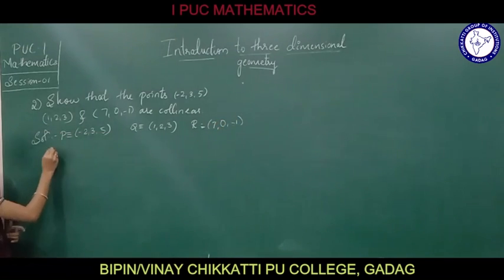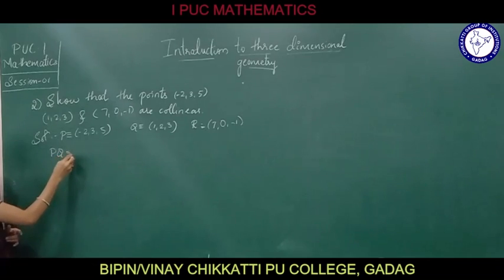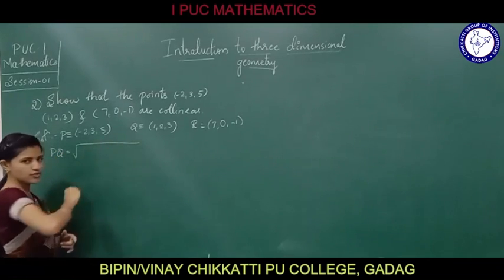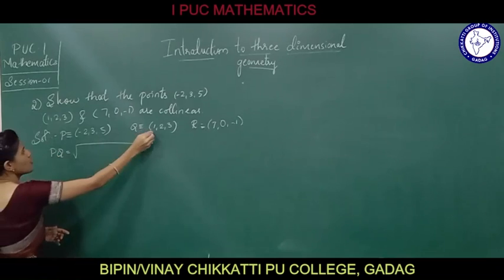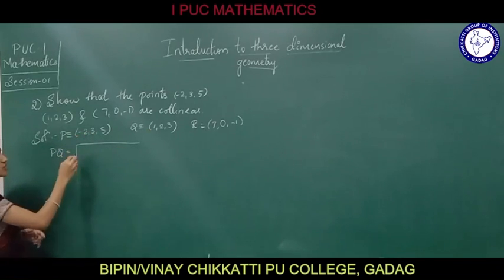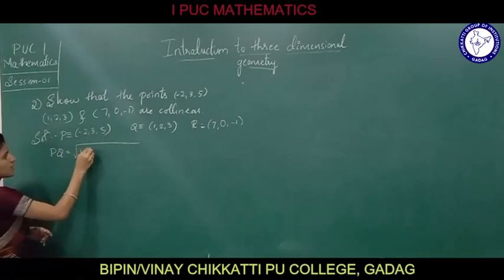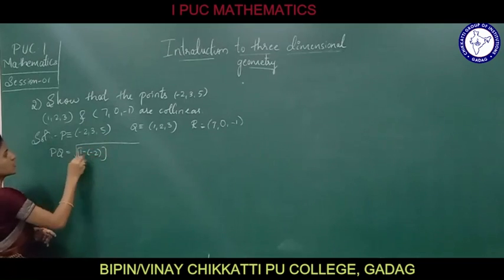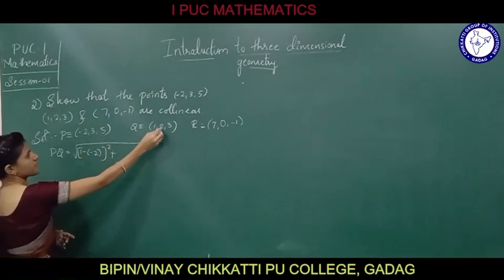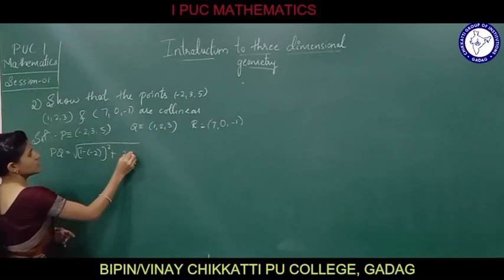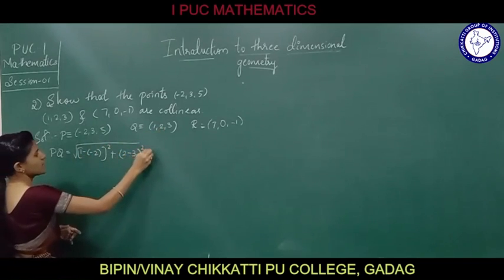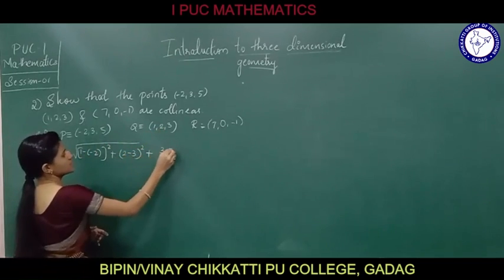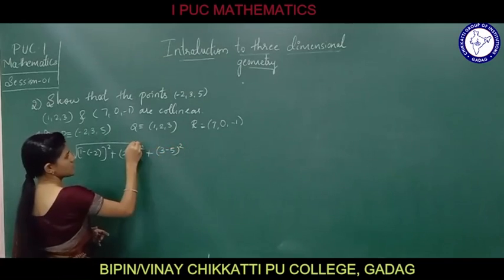What is PQ? Root of x2 minus x1, that means 1 minus of minus 2, right? 1 minus of minus 2 square plus y2 minus y1, 2 minus 3 square, plus 3 minus 5 square.